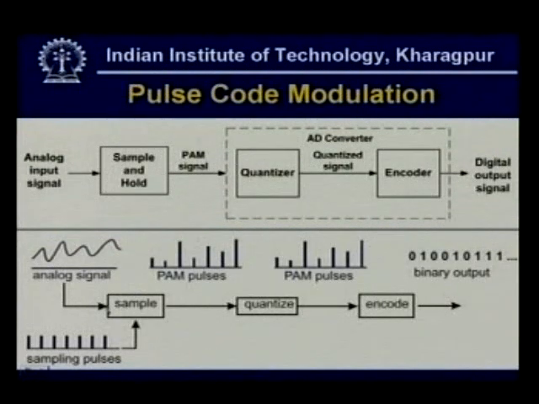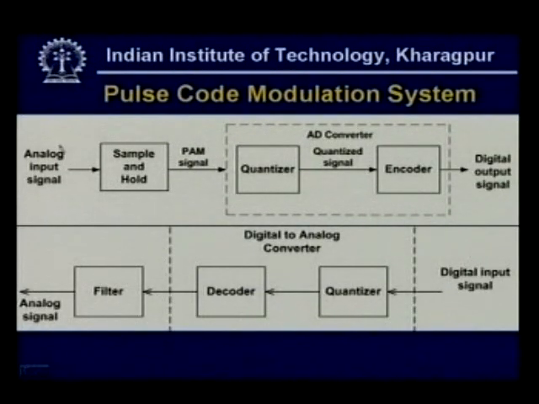So, this is the analog signal, these are the sample pulses, and this is the PAM signal, and after quantization and encoding you get the binary output, the digital data, which can be line encoded for sending through the transmission media. So, this is the transmitter part, which generates a digital output signal from the analog input signal. This digital signal can be transmitted through the transmission media after line coding, and it will be received at the receiver, where you have to perform the reverse process.